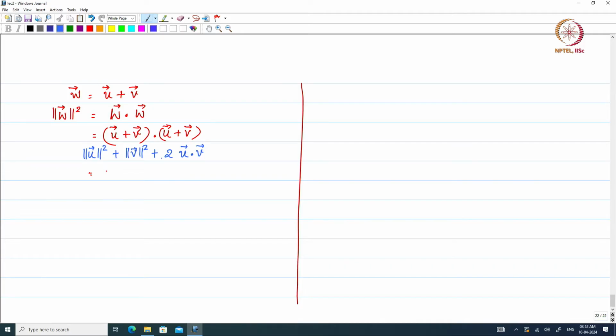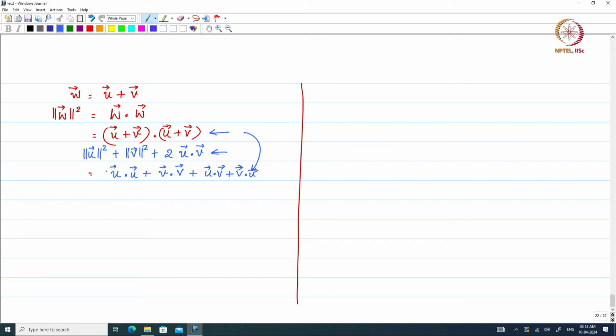Now if you look at this expression and this expression, we see something interesting. This boils down to u dot u plus v dot v plus u dot v plus v dot u.